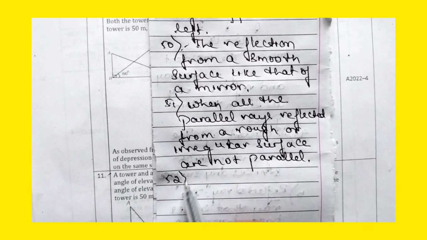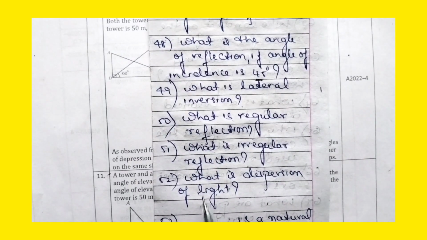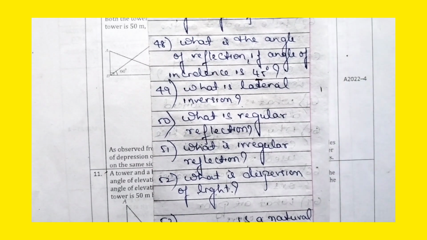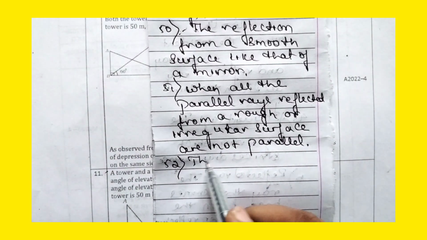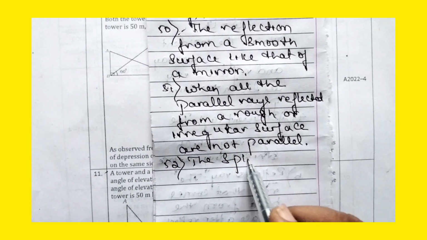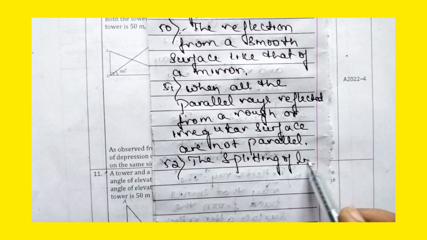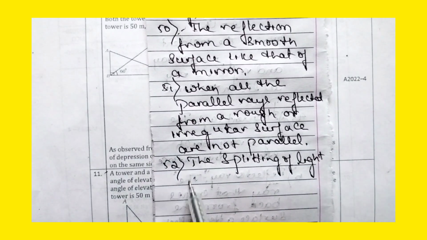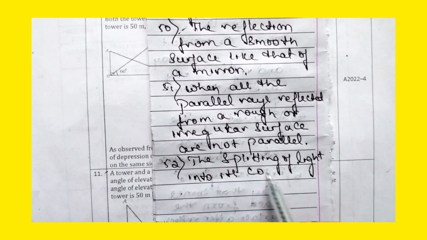Now let us move to the 52nd question: what is dispersion of light? The dispersion of light is defined as the splitting of light into its colors.